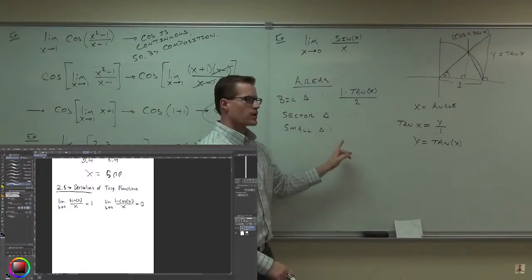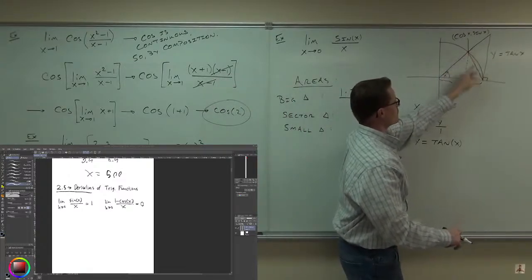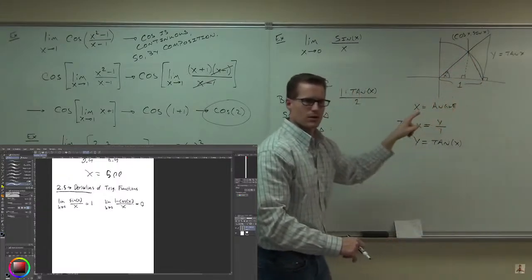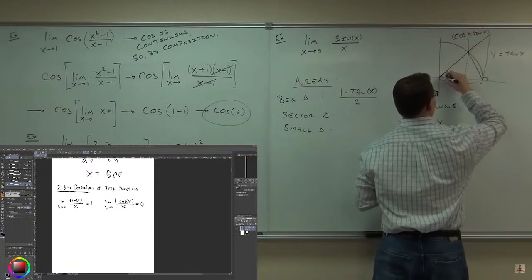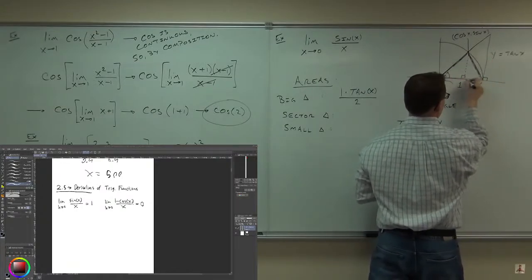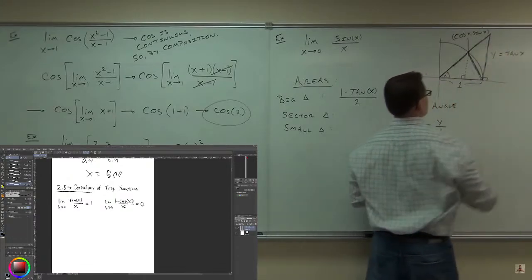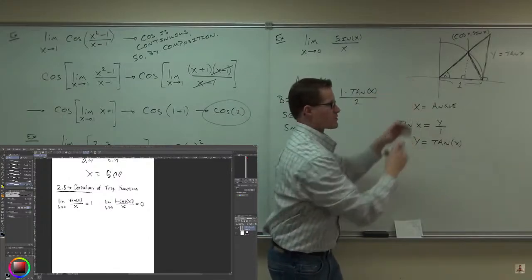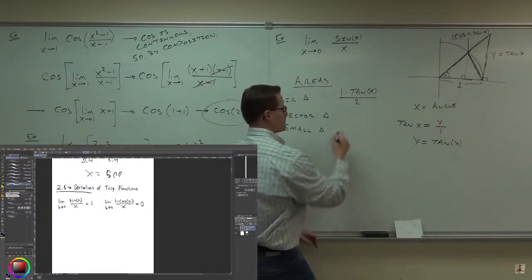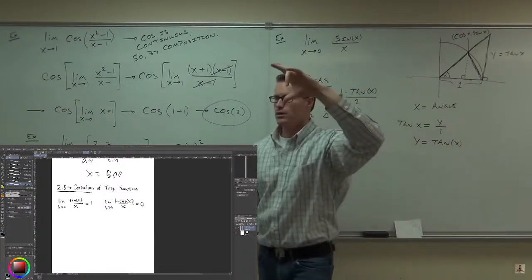Let's do the small triangle, then we'll talk about the sector. Small triangle, that's this one right here. Not this too small one, but this one right there. Are you with me on that one? That one, and that's the big one. Okay. And then we'll talk about the sector in a moment. What's the base of my smaller triangle? 1. Height is sine x. What's the height of my smaller triangle?